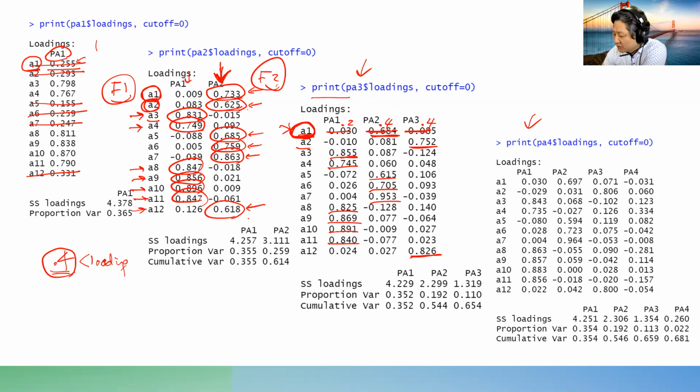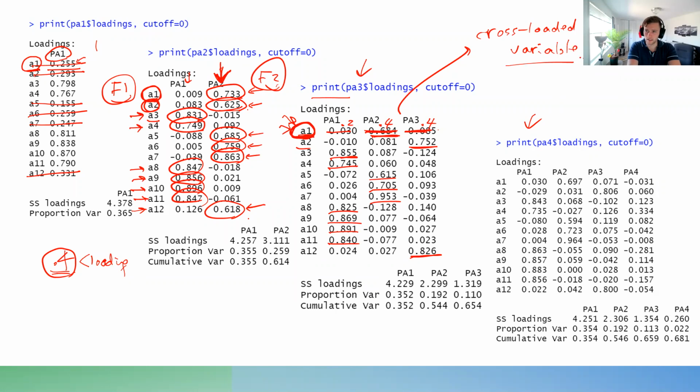So the contribution is pretty similar. This is a 0.4 and this is also 0.4. So we don't know which factor these items belong to. So this is called a cross-loaded variable.